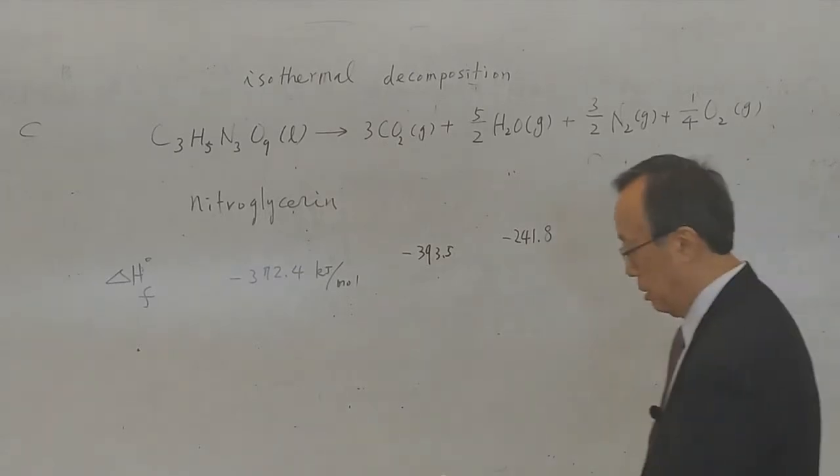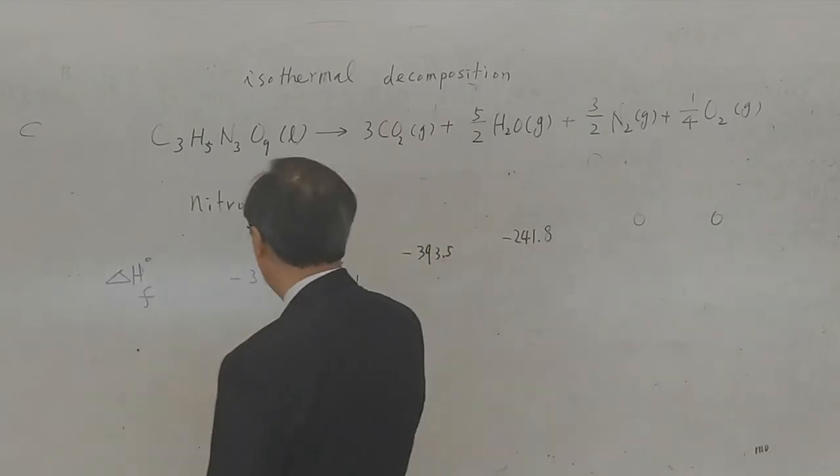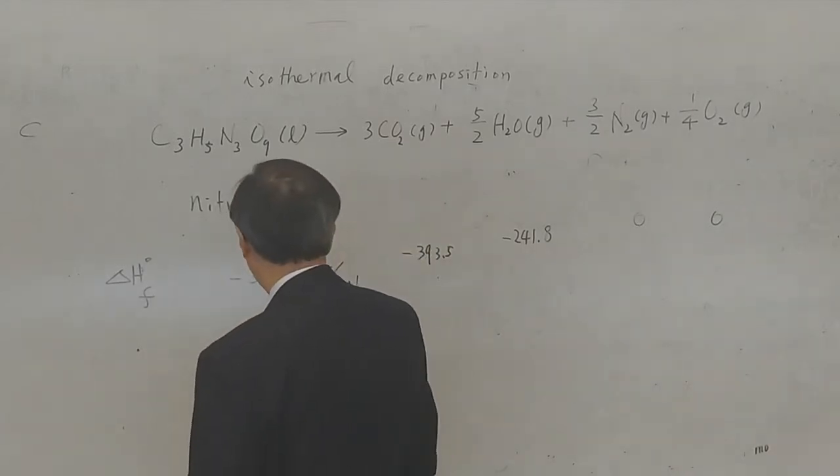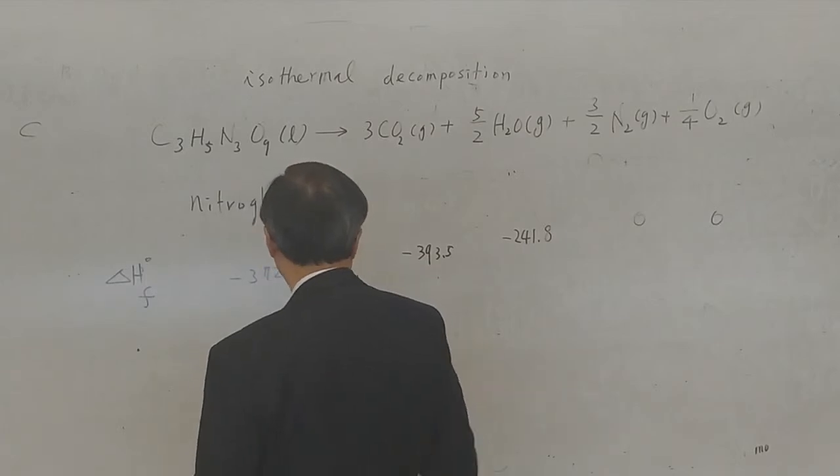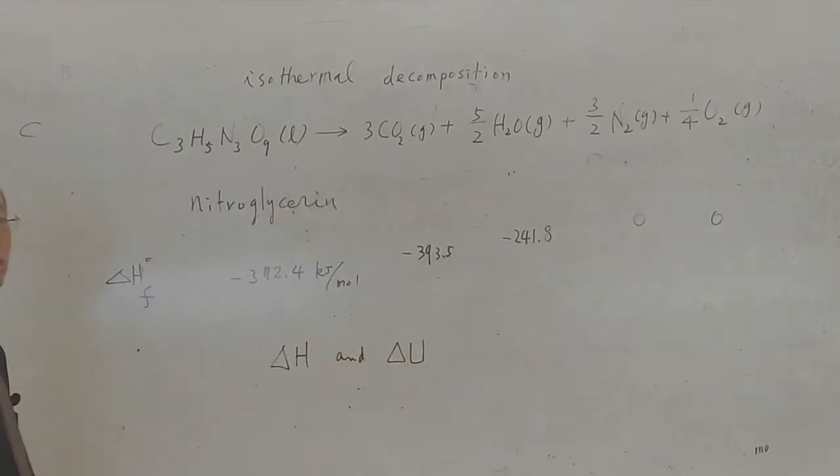So why don't you calculate delta H and delta U? Why don't you compute the enthalpy of reaction and the internal energy delta U for this reaction?